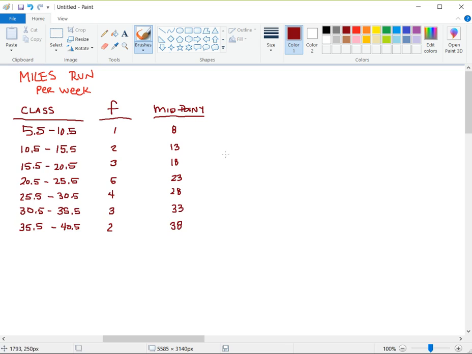So, using the same idea, if we're going to take our frequencies as weights, we can multiply the frequency by the midpoint to get a weighted term. So, frequency times mid, I guess I'll write here. So we end up with 1 times 8 is 8, 2 times 13 is 26.